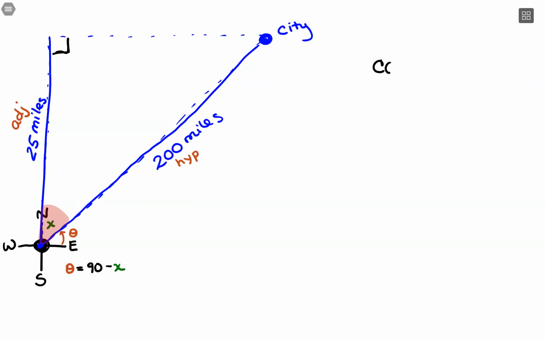So I know that if I take cosine of that angle x, we're taking adjacent over hypotenuse. Now, I want to know the angle measurement. And with word problems, as we start getting all of these skills of working with word problems and trig functions, if you ever need to find an angle measurement, you're going to be using inverse trigonometry.